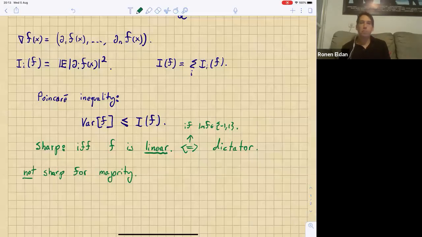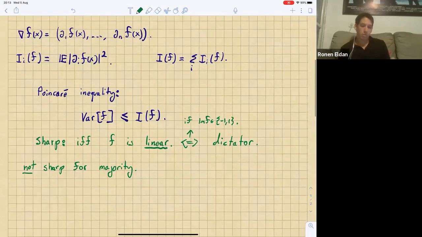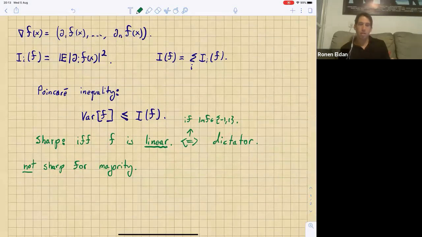We would have expected, if it's sharp for dictator and our world were isotropic, that majority is just some rotation of dictator. But this inequality doesn't work well with the direction 1, 1, 1, 1. It only works well with the direction 1, 0, 0, 0. So to see this, let's quickly think: the left-hand side for majority is O of 1.